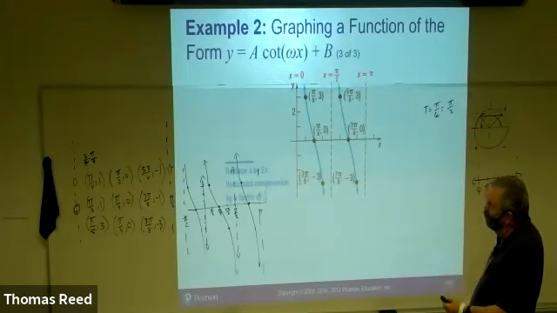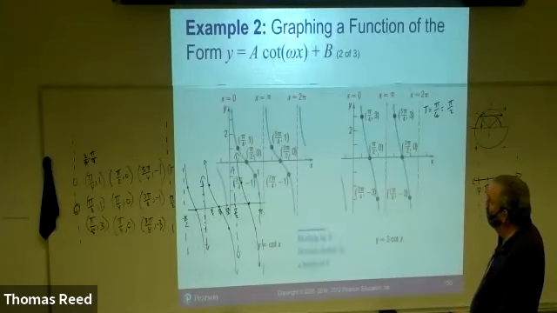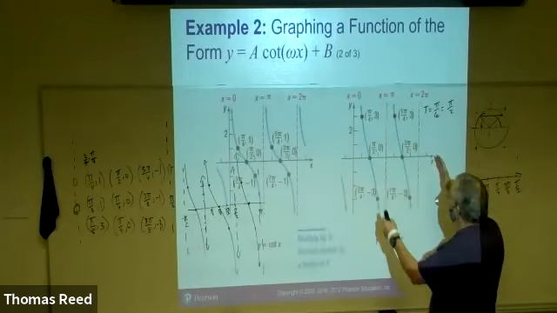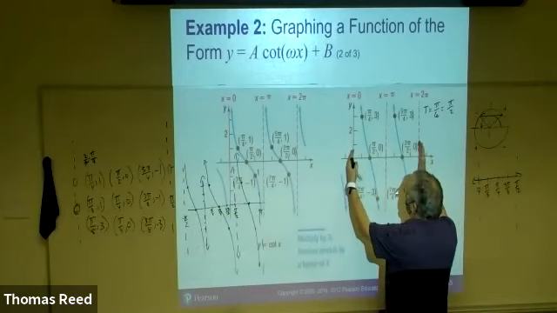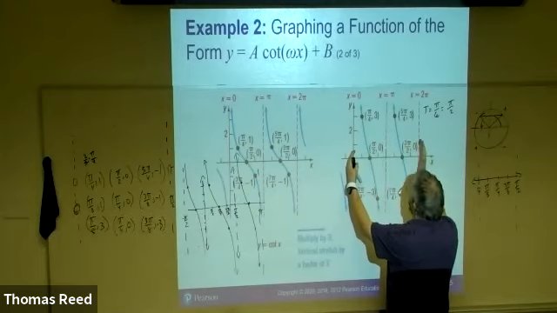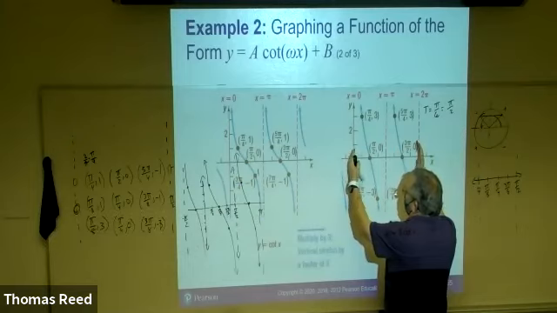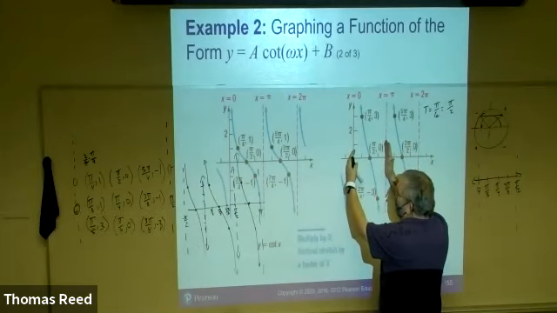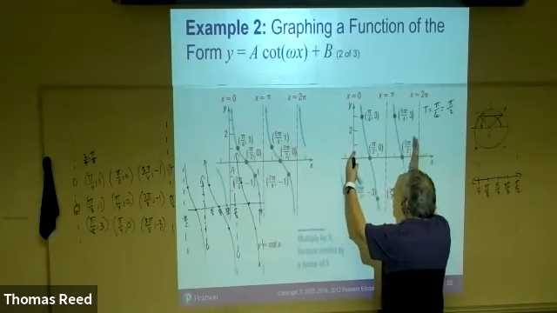I wish they had kept this up there, because what happened is that these 2 periods I shifted down to here. So now, instead of the 2 periods being between 0 and 2 pi, now these 2 periods are between 0 and pi. So they got squished this way.